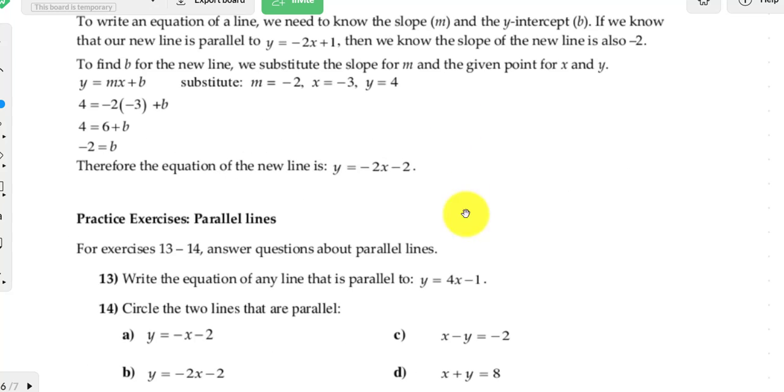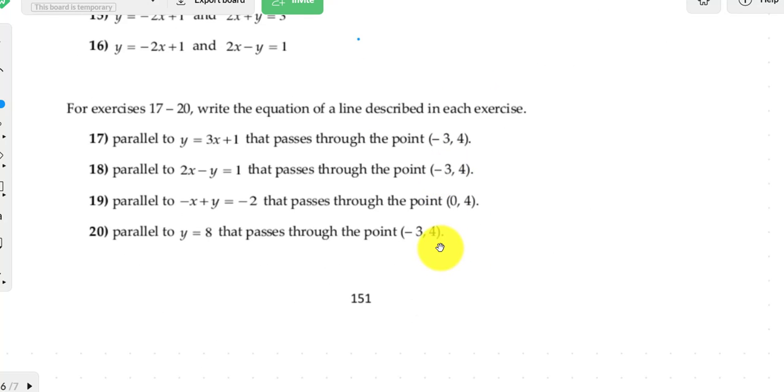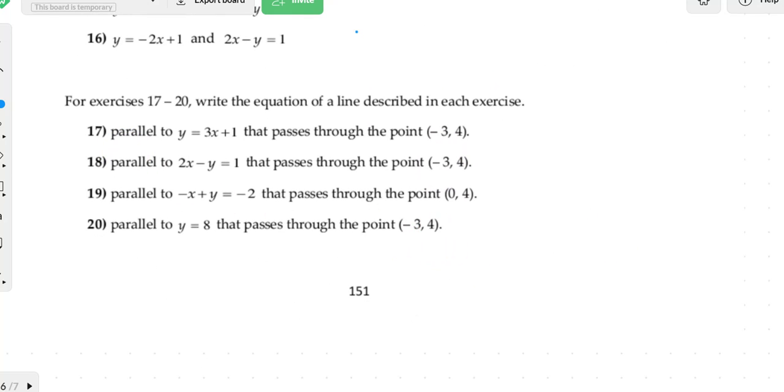Okay, so let's try one more of these. I think at the bottom of this page, let's take a look at number 17. Parallel to y equals 3x plus 1 that passes through the point negative 3 comma 4. So I want to solve this and then graph it. I want to do it right here first.